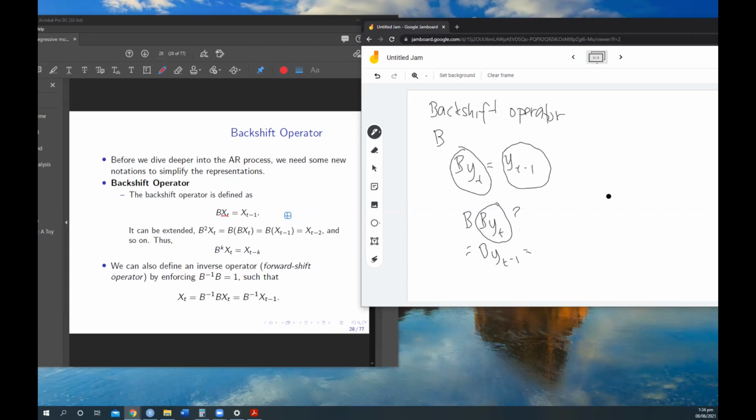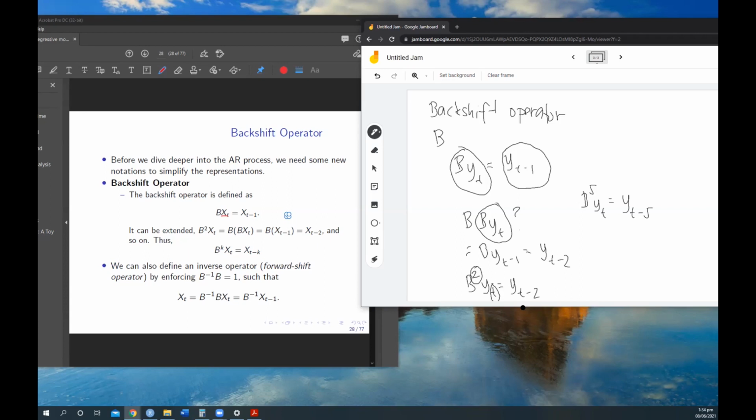And applying again the backshift, then it becomes Yt minus 2. Right? So therefore, we can just write this as B squared Yt equals Yt minus 2. No? So very easy siya, an operator. So how about if I say B5 Yt? So it's just Y sub t minus 5.